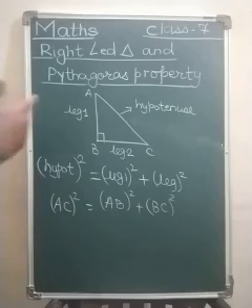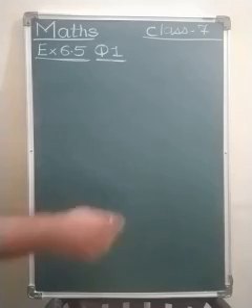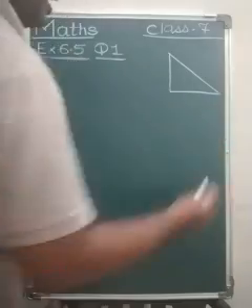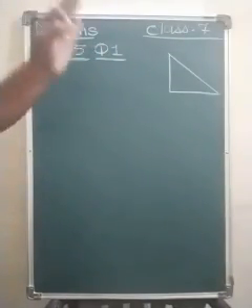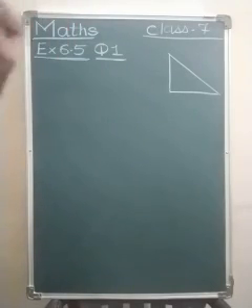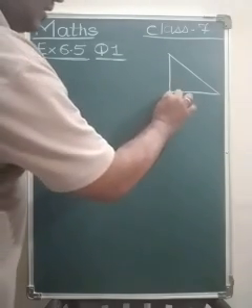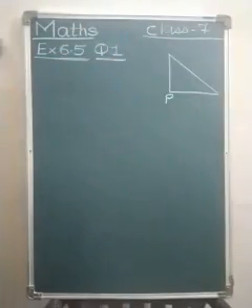Okay, so let's move to our exercise. Exercise 6.5, question number 1. The question is, PQR is a triangle right angled at P. So first what we will do, we will draw a rough figure in order to get the idea of what the question says. PQR is a right angled triangle, right angled at P. So this is the right angle, and here we will give the name as P. For the rest of the 2 points you can give any name.